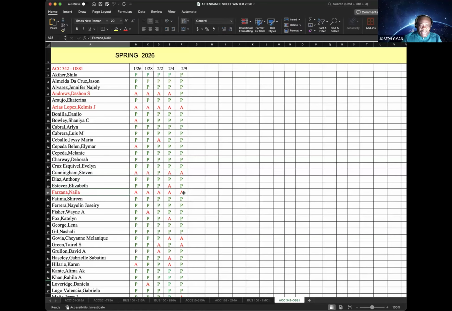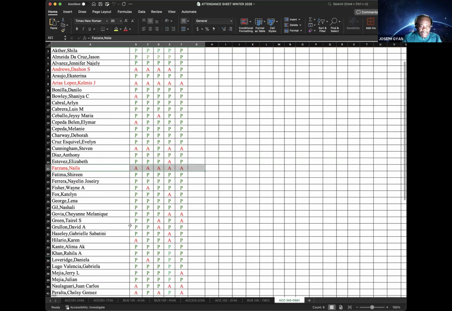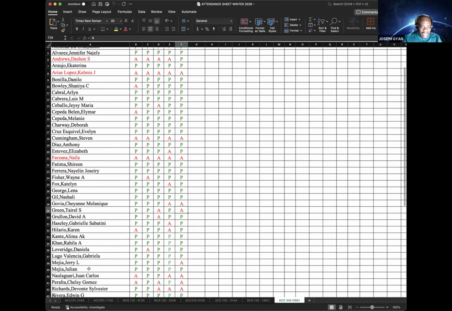Fazana, is Fazana here today? Okay, I have to drop this student as well. Govia was also absent. Green was also absent. Jerry was absent. Carlos was absent.